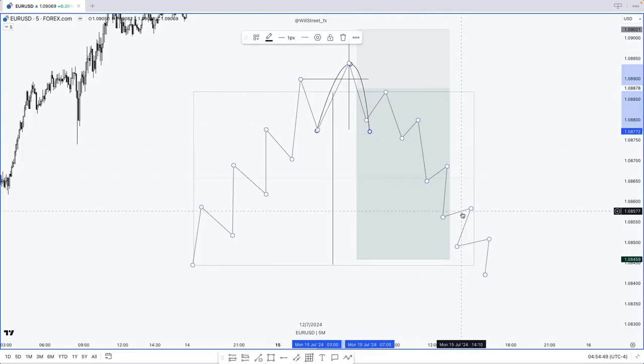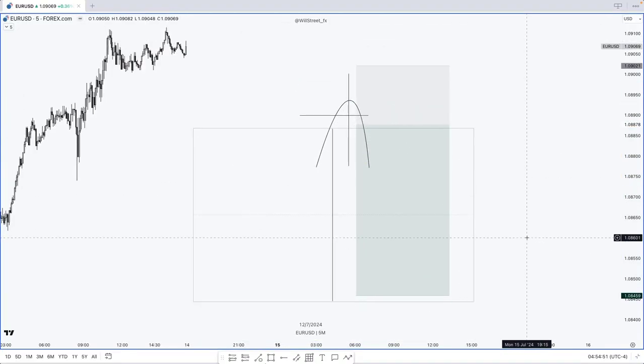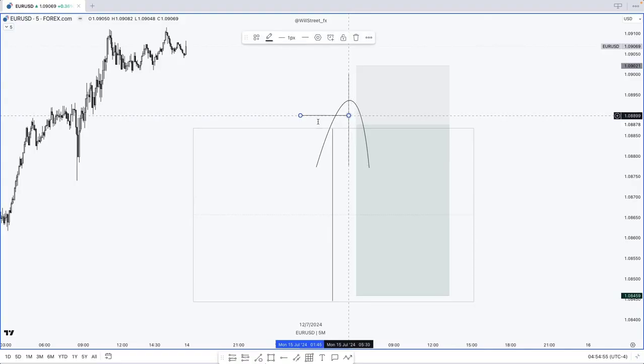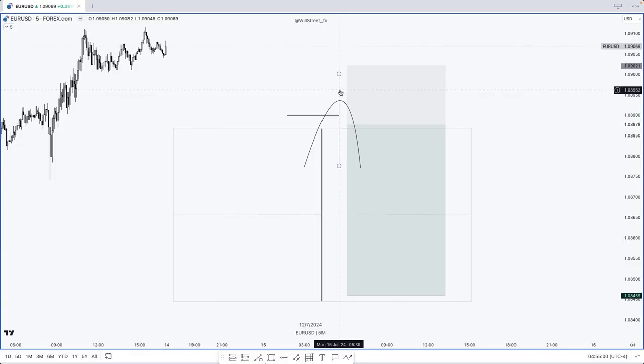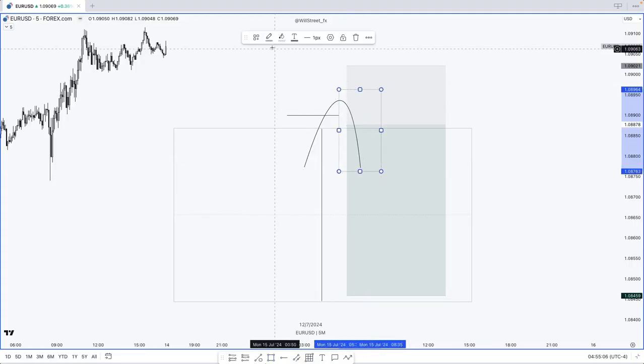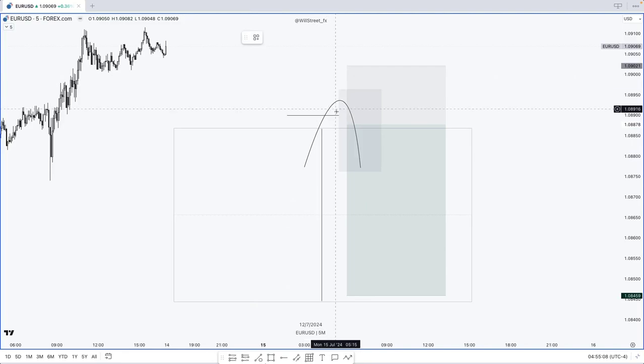Exactly the same. Here is a turtle soup. Done. So we want to short the right one because the turtle soup is made and we won't be in drawdown.